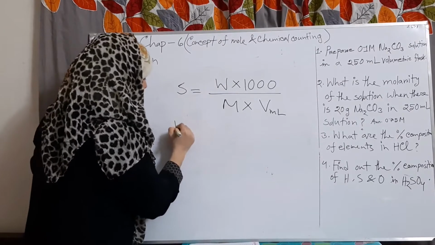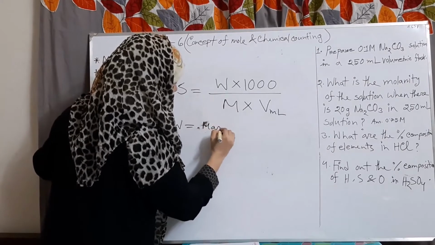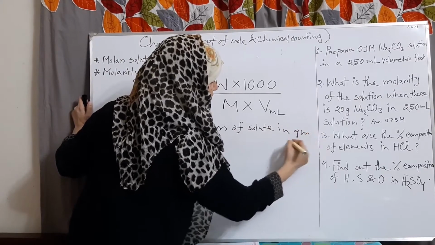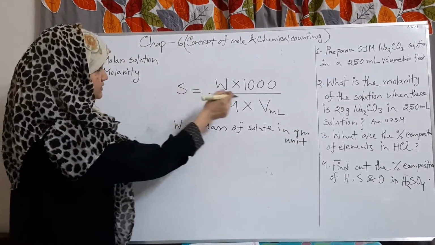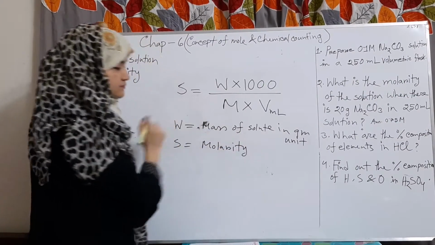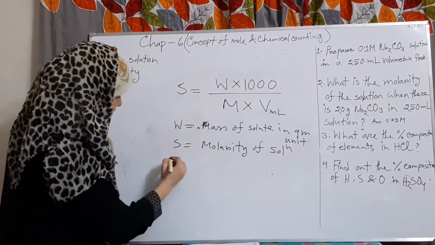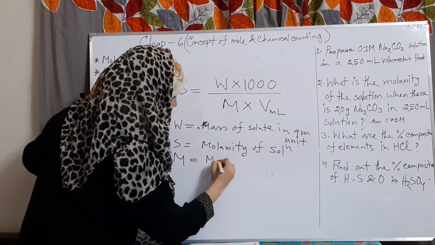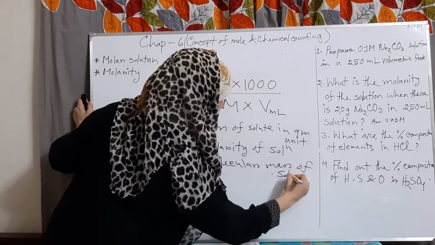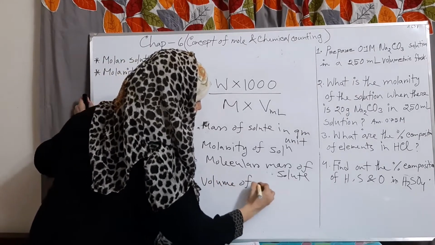Here W is equal to the mass of solute in gram unit, and S is equal to the molarity of the solution, and M is equal to the molecular mass of the solute, and V is equal to the volume of the solution.